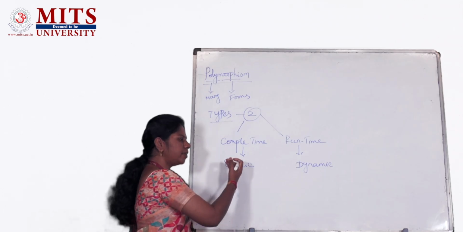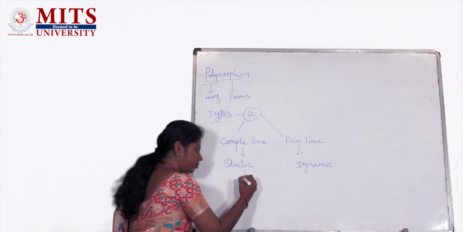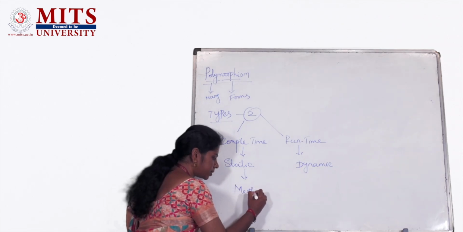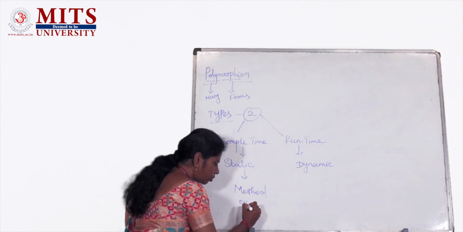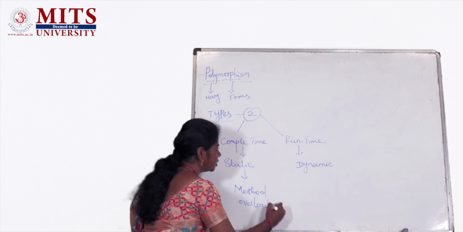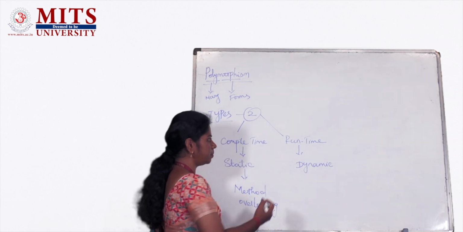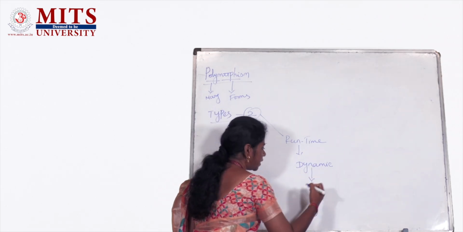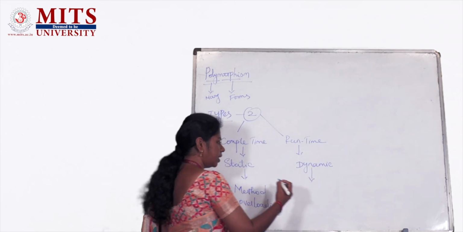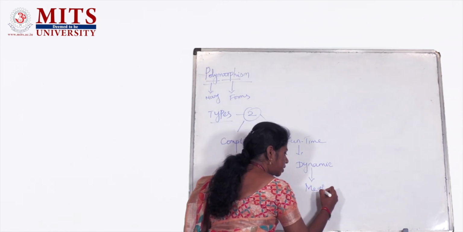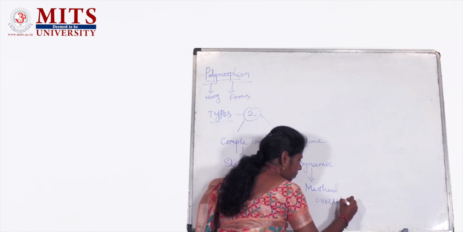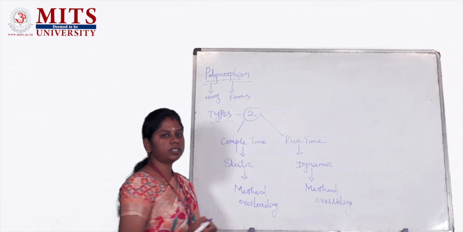We achieve compile time polymorphism by using the method overloading concept. Only by using method overloading do we achieve compile time polymorphism. Coming to runtime polymorphism, we achieve it by using method overriding.